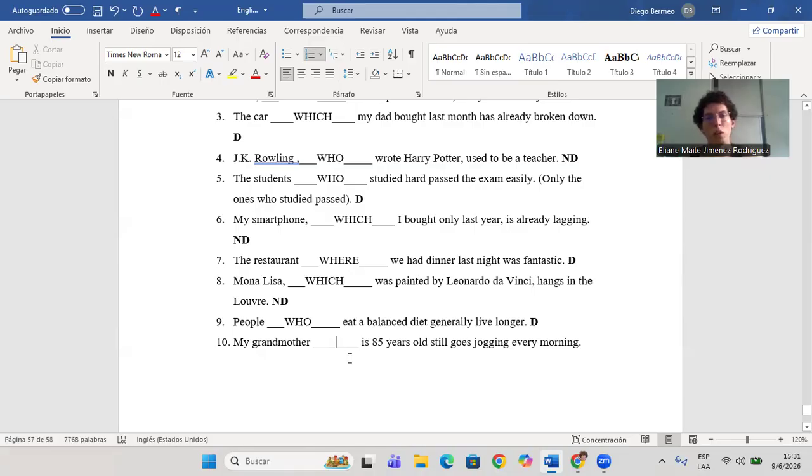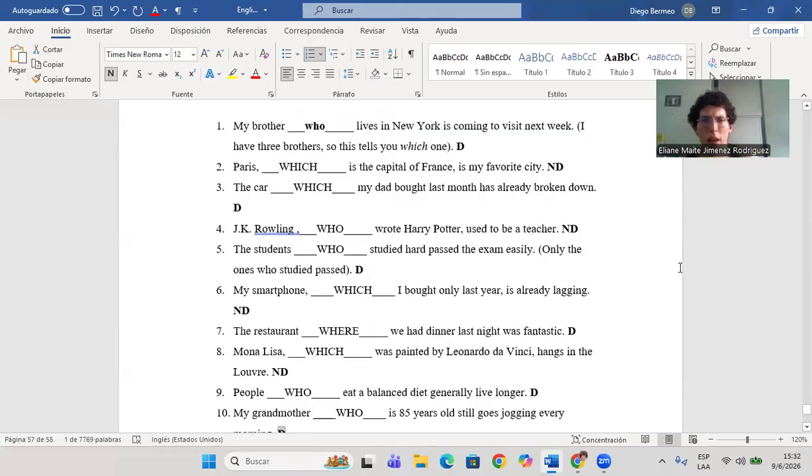My grandmother who is 85 years old still goes jogging every morning. This is defining. Without this, maybe you have two grandmothers and you don't know which one it is.